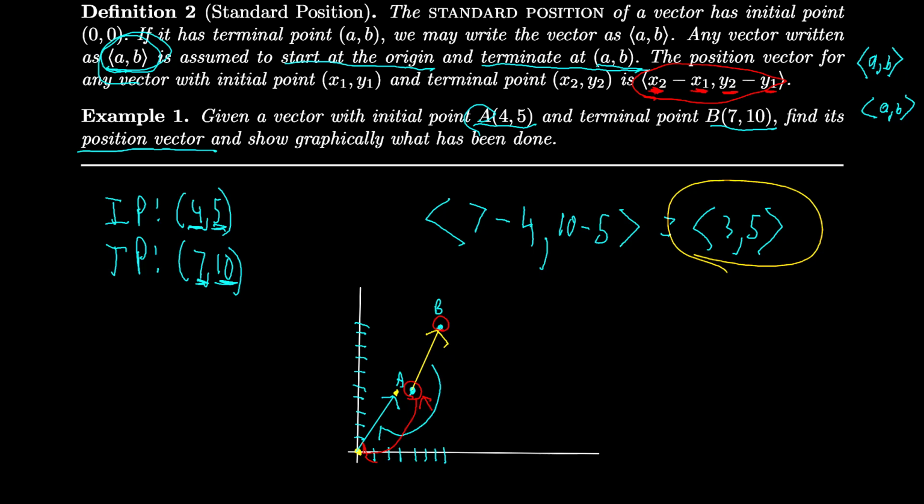And that's all that there is to it. You'll take this in the terminal minus this in the initial, that's your new x. Take this in the terminal minus this in the initial, that's your new y. And what you're going to get out is the terminal point of a vector that starts at the origin. And that's all that there is to that. And if that seems too complicated, we'll do some practice with them in class, and you'll see what's going on.